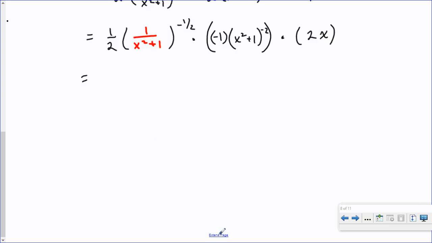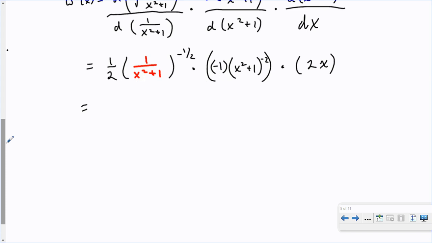Okay, now how in the world do I simplify that? Well, let's deal with some of these expressions here. 1 over x squared plus 1 raised to the negative 1/2. If I have a fraction raised to a negative exponent, I can flip the fraction and write my exponent positive.